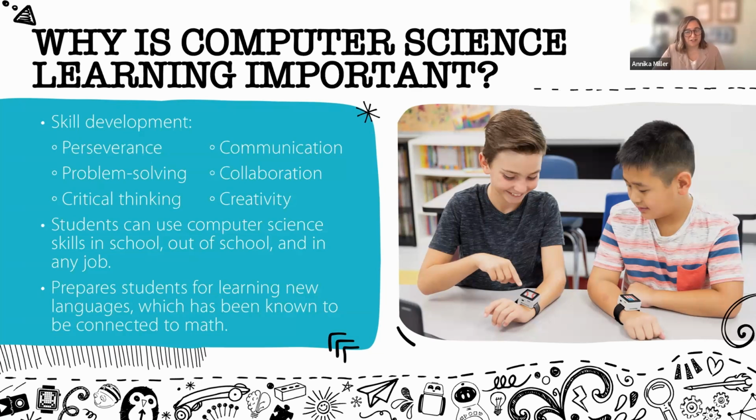Coding especially can be challenging, and when students stick with it and fix all their bugs, it can be extremely rewarding for them to see their ideas come to life. That building of perseverance is something they can take into any class. All of these skills and thinking processes they will use in other classes in school, in daily life outside of school, and in any job they have in the future, even those undefined ones that we don't know what they look like yet.